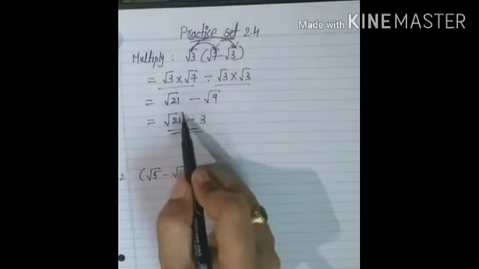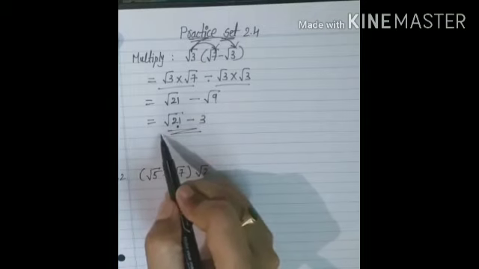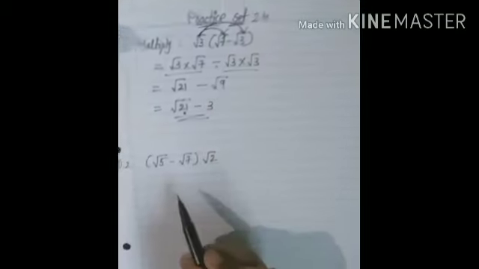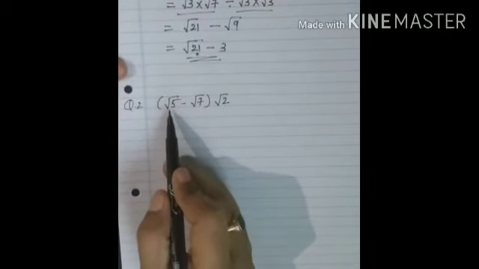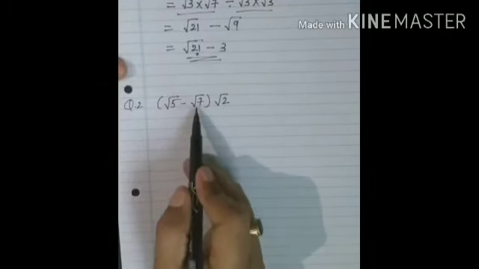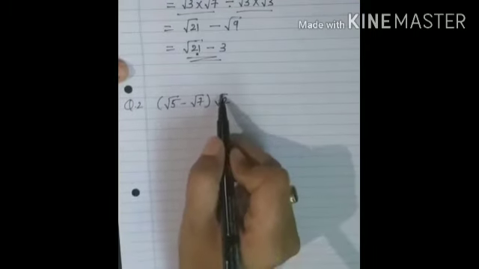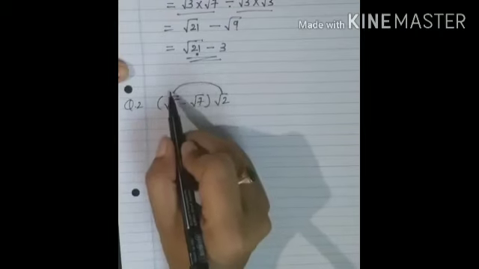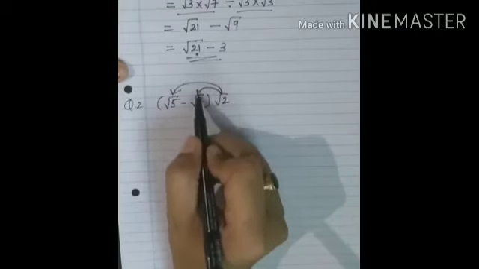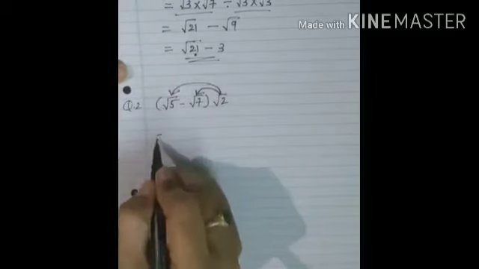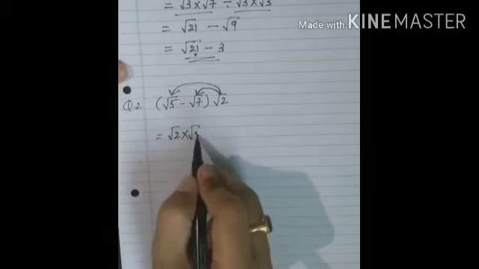21 will be under root only, children, because it is not a perfect square. So it will not come out of the root. Question number 2. Root 5 minus root 7 into root 2. We have to multiply this root 2 by root 5 and this root 2 by root 7. So children, root 2 into root 5.